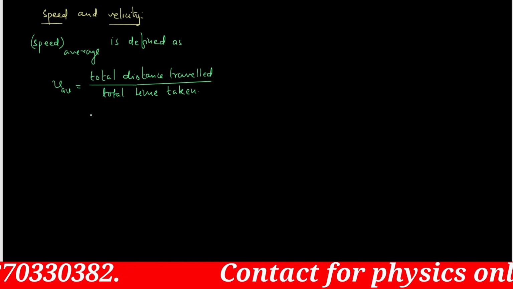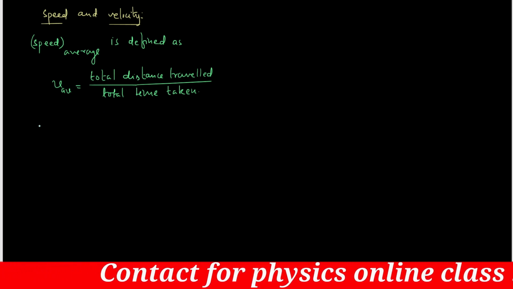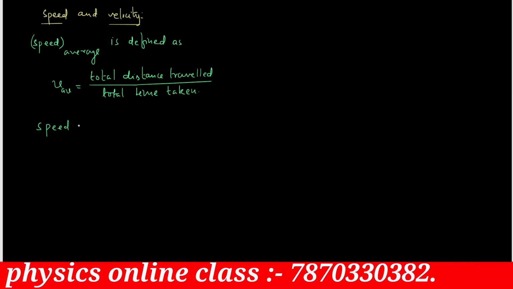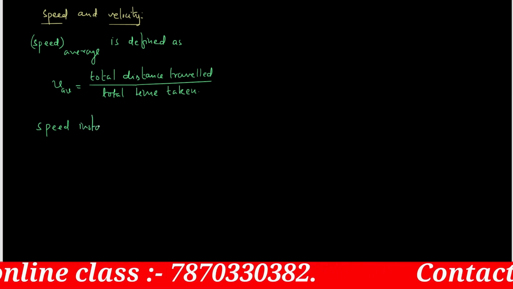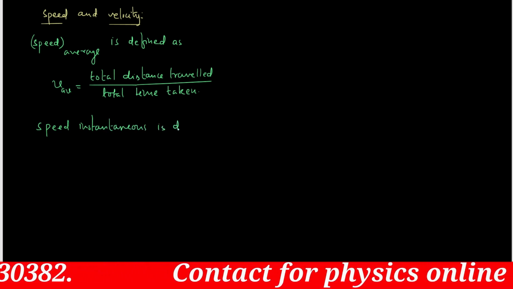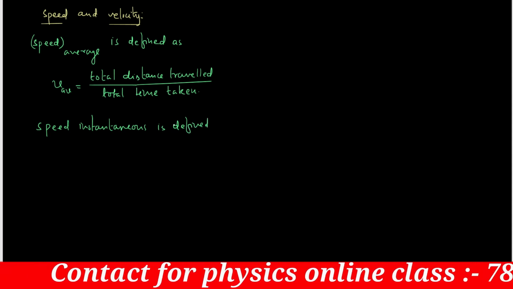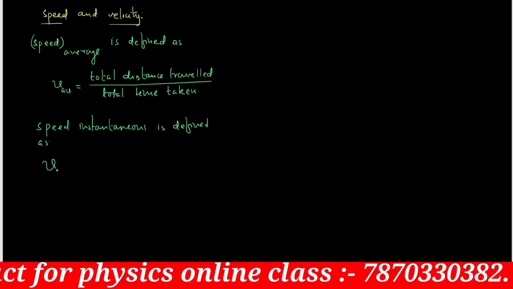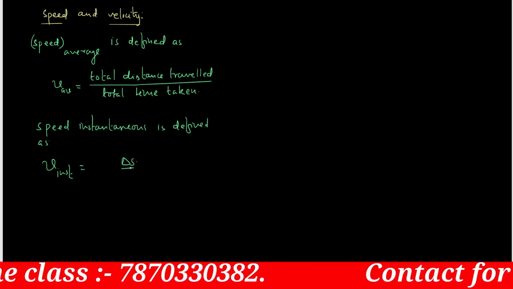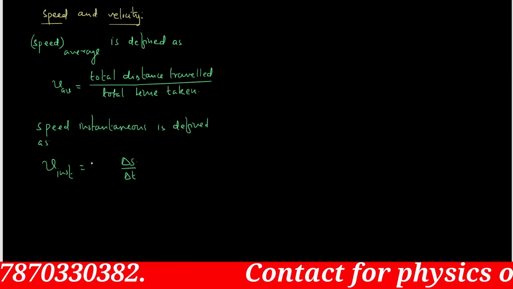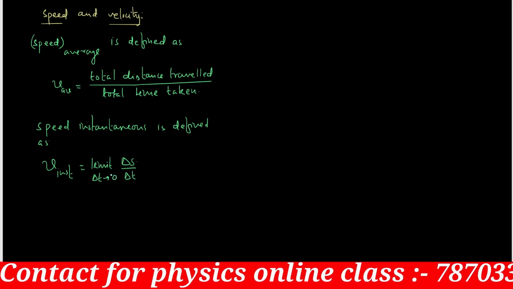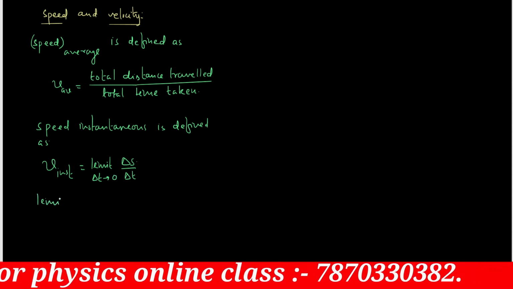Average speed is defined as this, and instantaneous speed is defined as follows: V instantaneous will be equal to total distance traveled by total time taken, provided the limit delta t tends to 0.